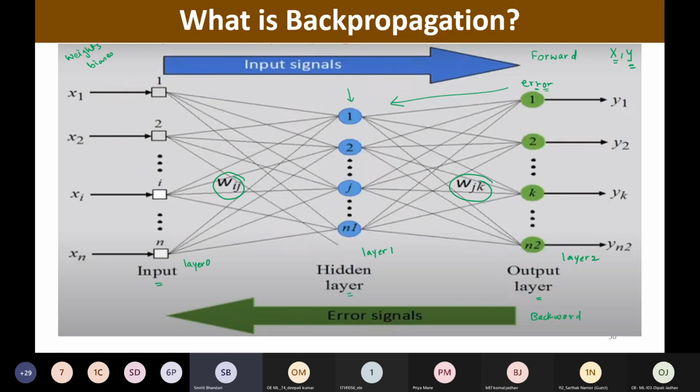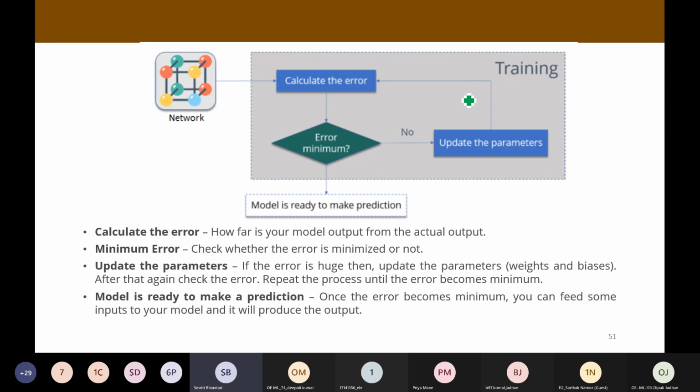Every time we compute the error, we back propagate the error, right? If that error is not minimum, the process continues till we reach the minimum error. And once we reach the minimum error, we say that our model is trained and it can be used for prediction.